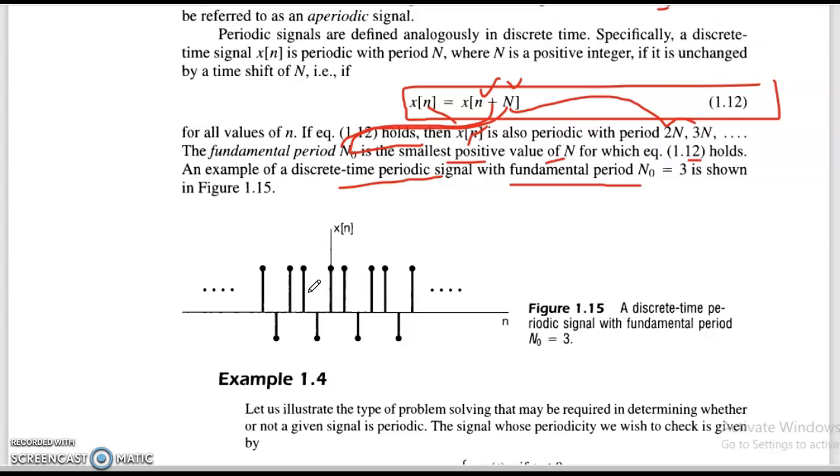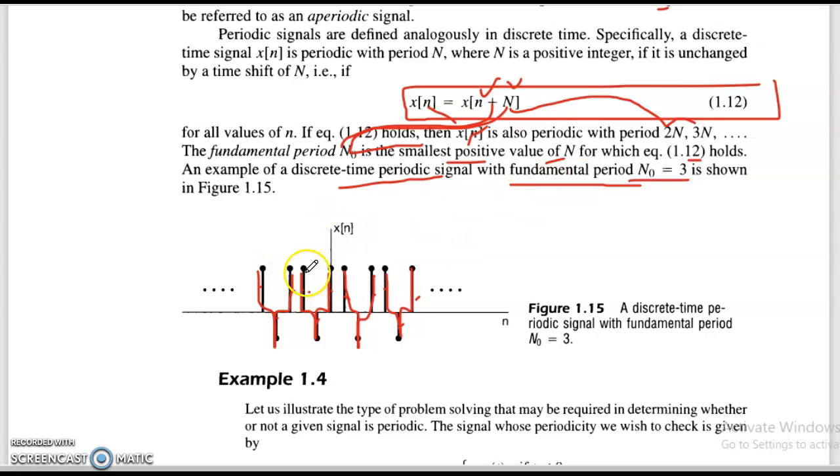Here, 1, 2, 3; 1, 2, 3; 1, 2, 3. That's why N naught is 3. This one is the same, and here also the same.